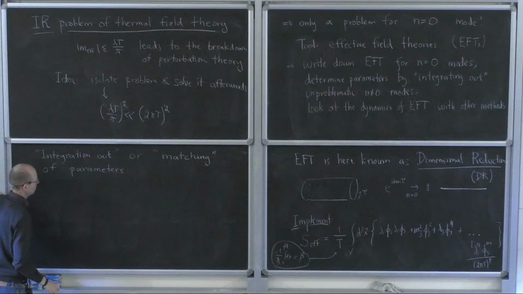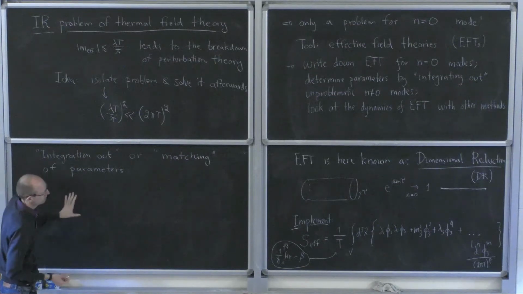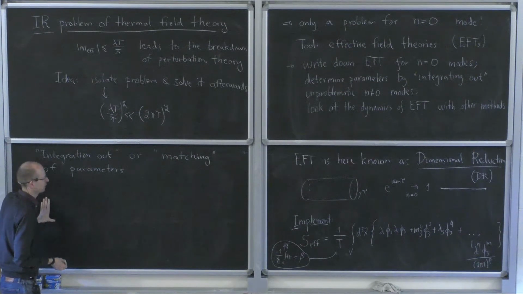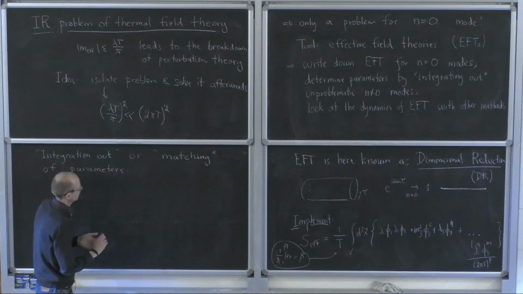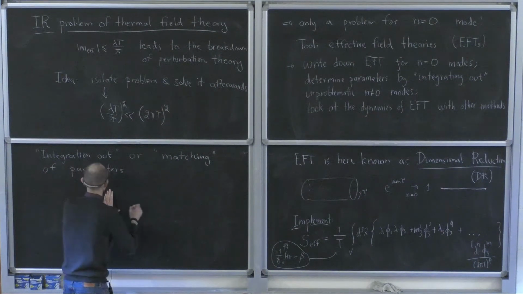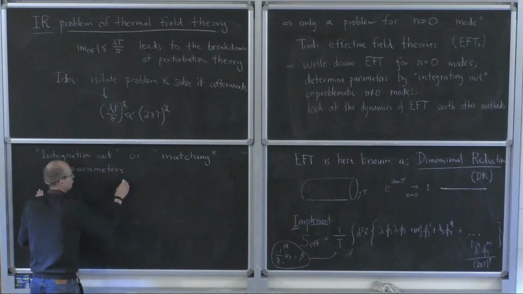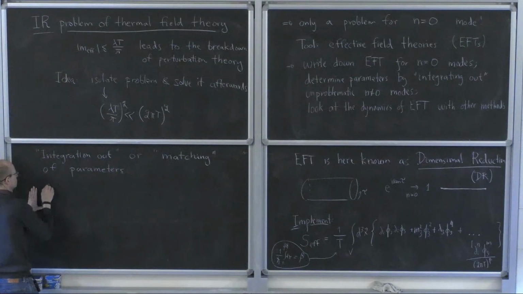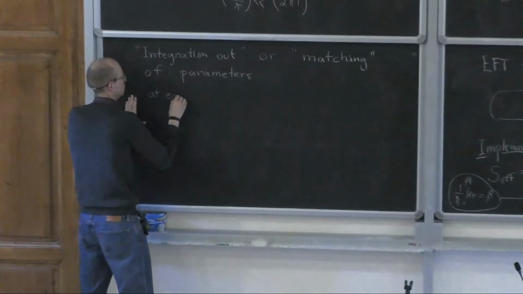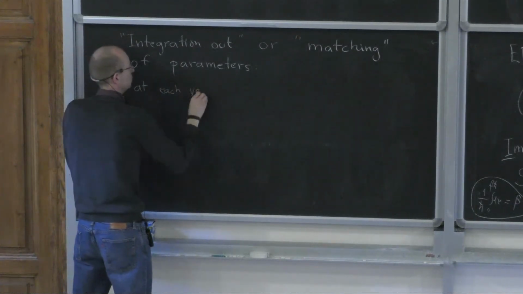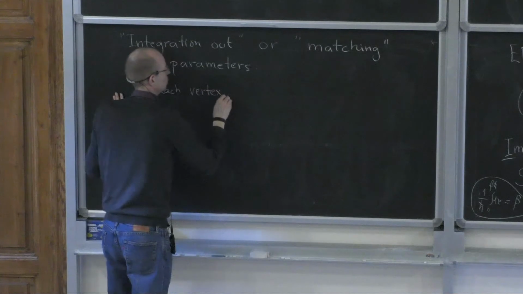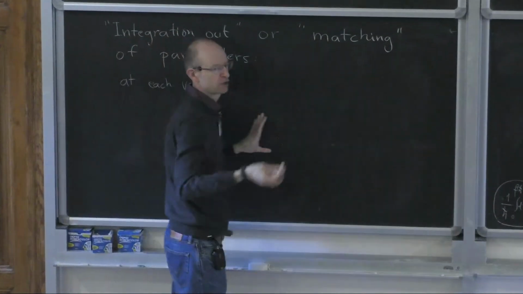So now I think the best way to do this is to somehow, just graphically, try to illustrate what it means. So what we have to remember is that at each vertex, energy is conserved.